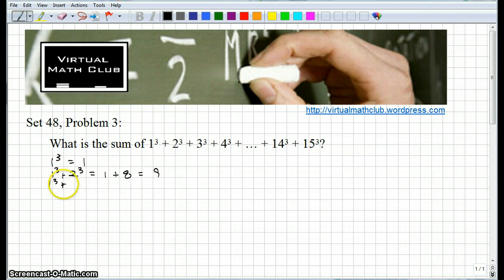Now 1 cubed plus 2 cubed plus 3 cubed. 3 cubed is 27, so it's 9 plus 27, which is 36. And I'm already seeing squares, right? I'm seeing 1 squared, 3 squared, 6 squared. Well, let's keep going and see if that pattern holds.